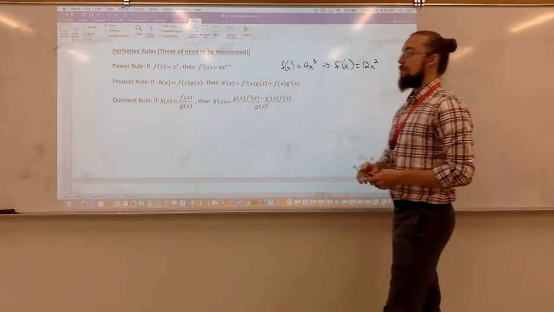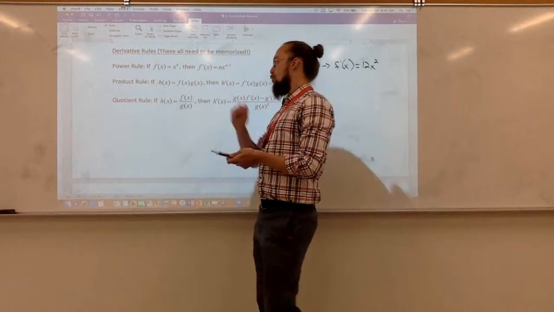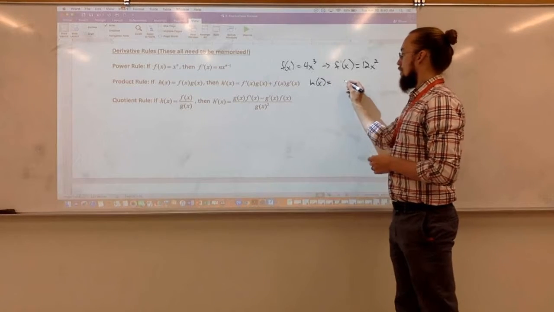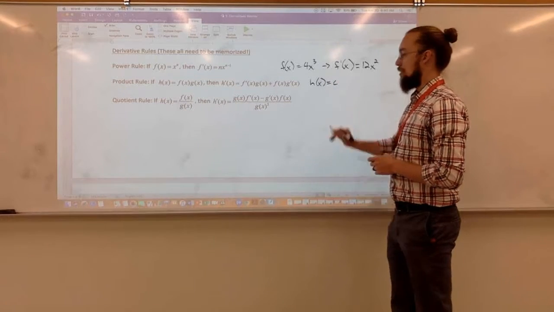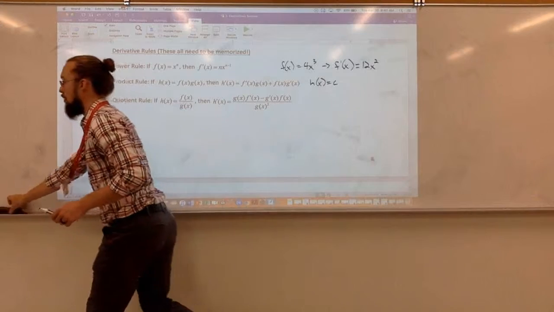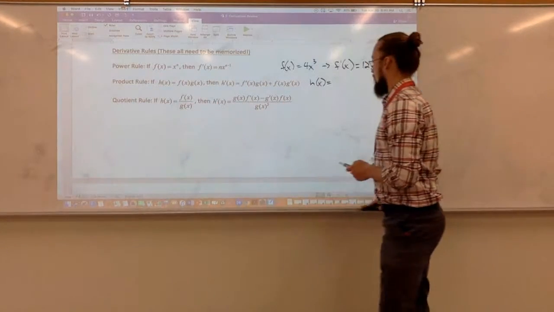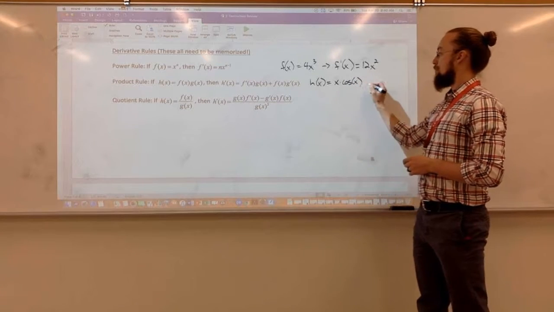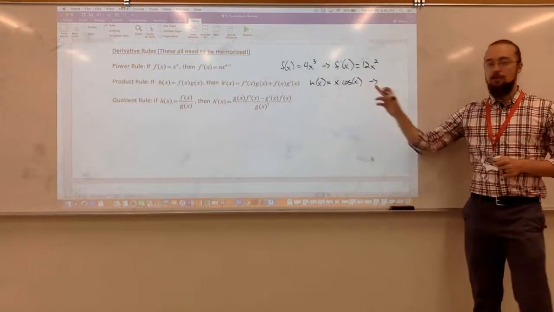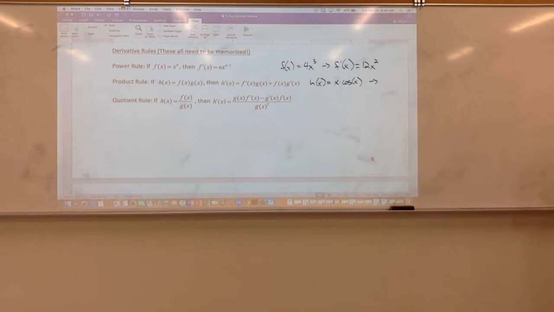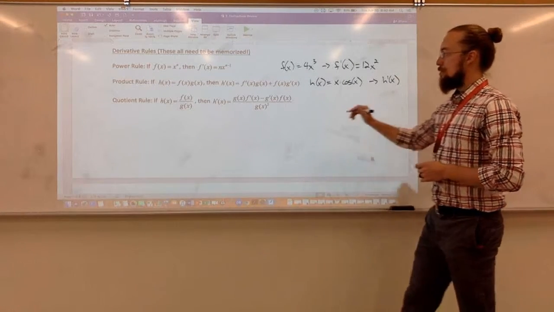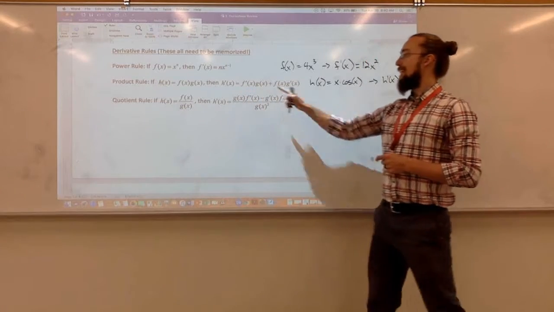Product rule says that if I'm multiplying two functions together, like, let's say x times cosine of x. Right? Multiplying two things together, we would have to use product rule to find the derivative. So product rule says derivative of the first times the second.